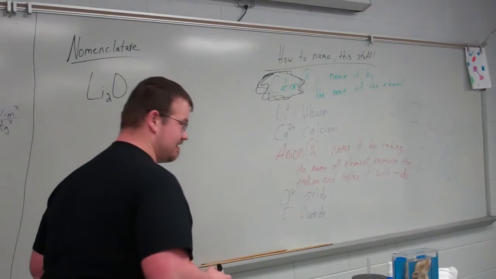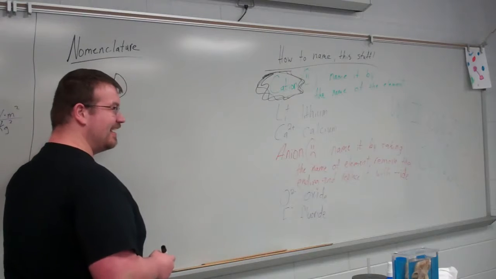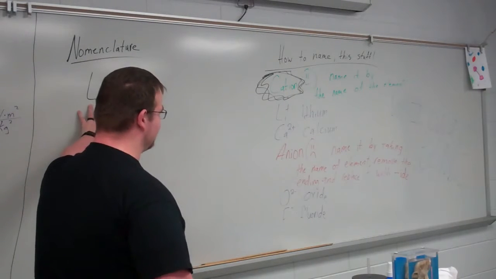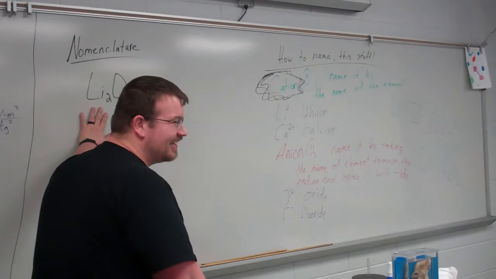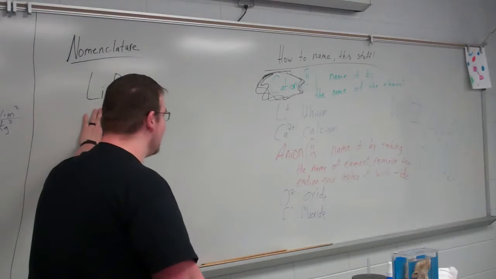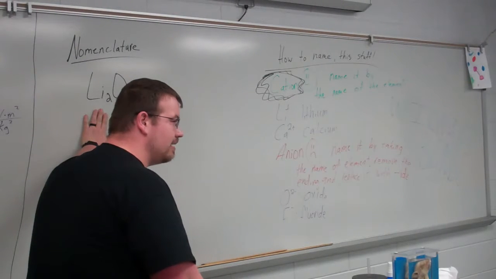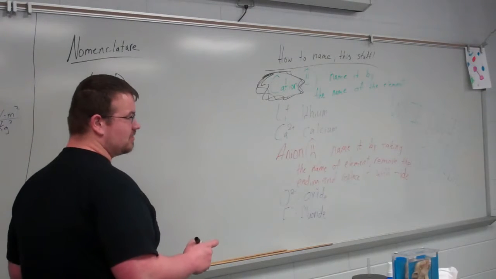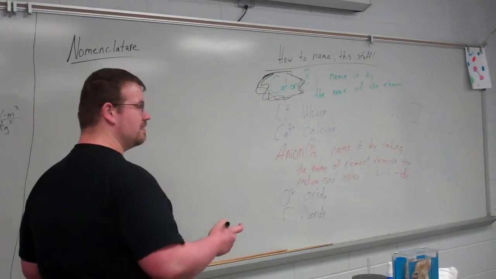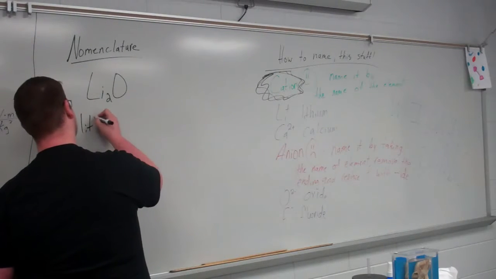Sounds fancy. So here is our cation. How do we name cations? You name it by the name of the element. What is the name of the element? Lithium. I looked at you for a minute because I thought you were going to say something else, but she jumped ahead, and she's good. So lithium. Yeah, that's right.